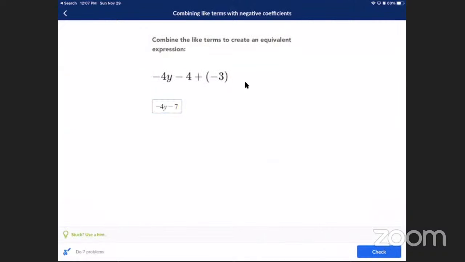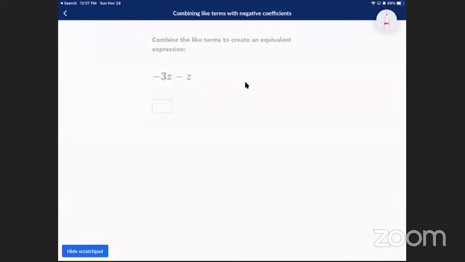All right, here's the next one. Combine like terms to create an equivalent expression. Negative 3z minus z. I'll put these little slashes in so we know it's not a 2. That's how I like to draw it. We know that this negative z is pretty much like a 1z.